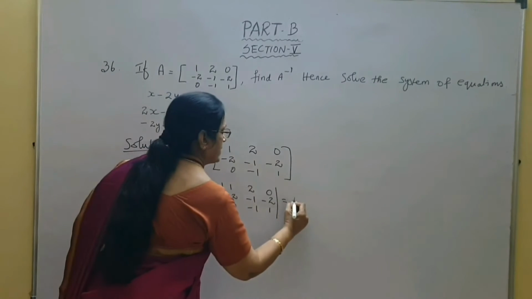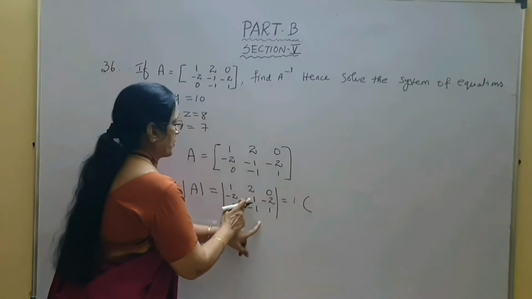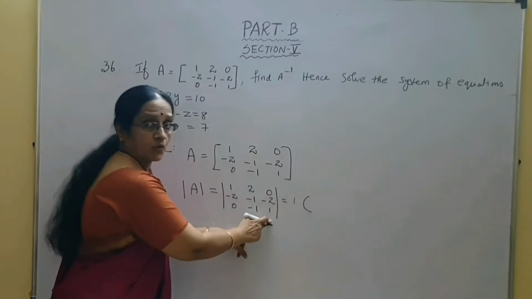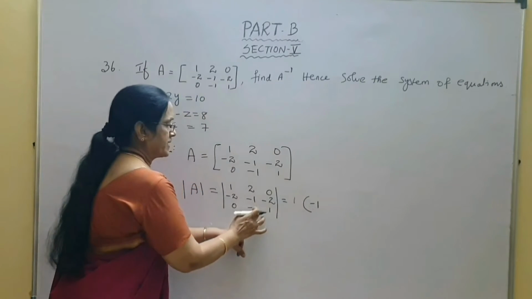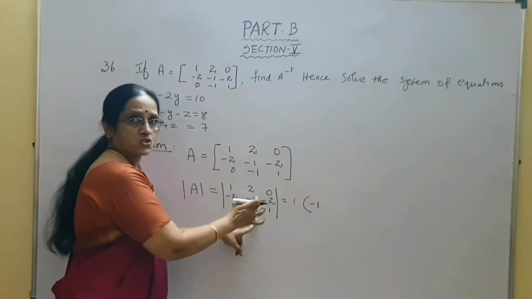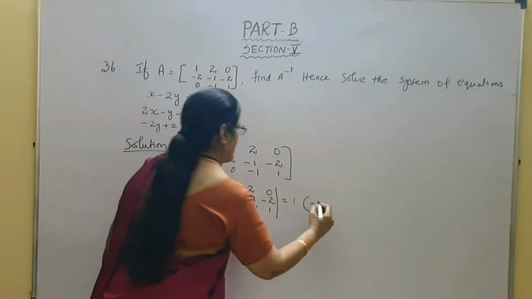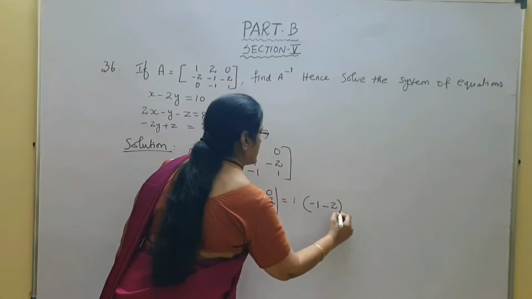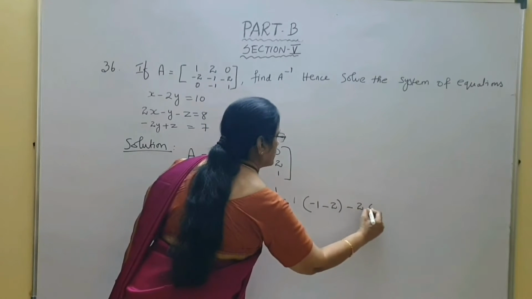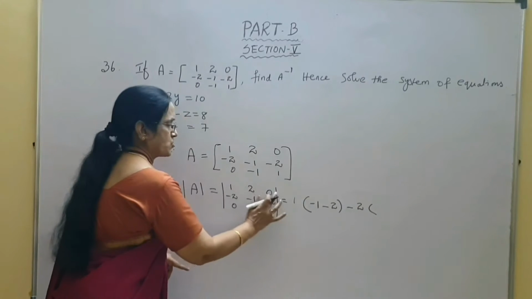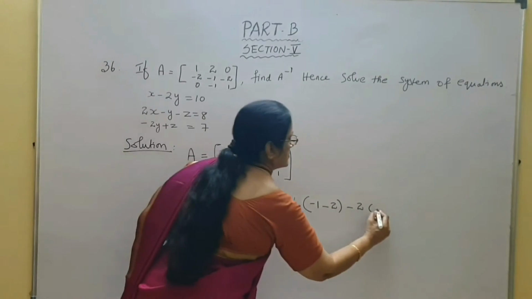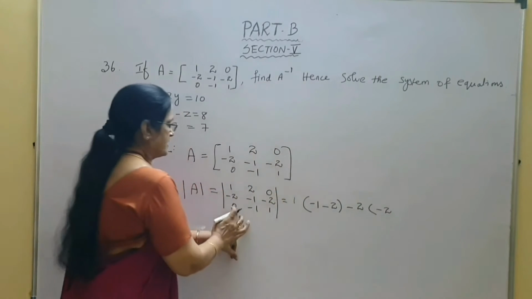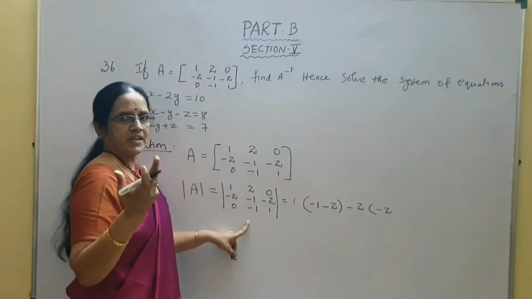It is 1 into product of these two, that is minus 1 and 1, which is minus 1, minus of product of minus 1 and minus 2. So it is going to be minus 2. Then minus 2 into, leaving the first row and the second column, you will be having minus 2. And then 0 into minus 2 is going to be anyway 0.